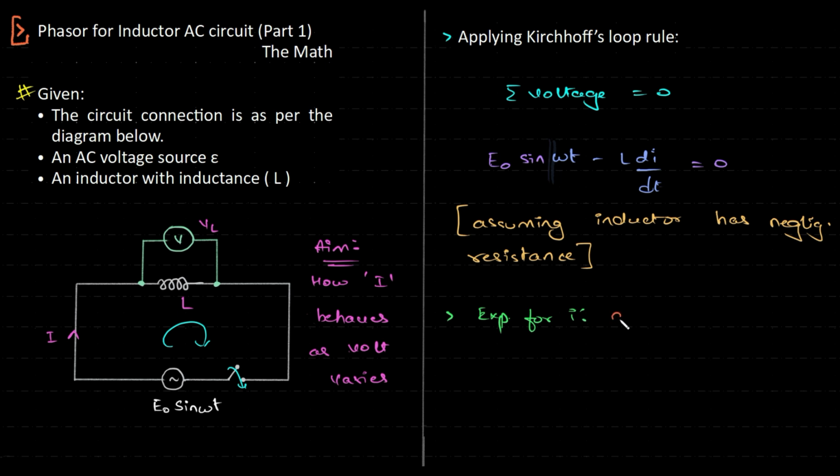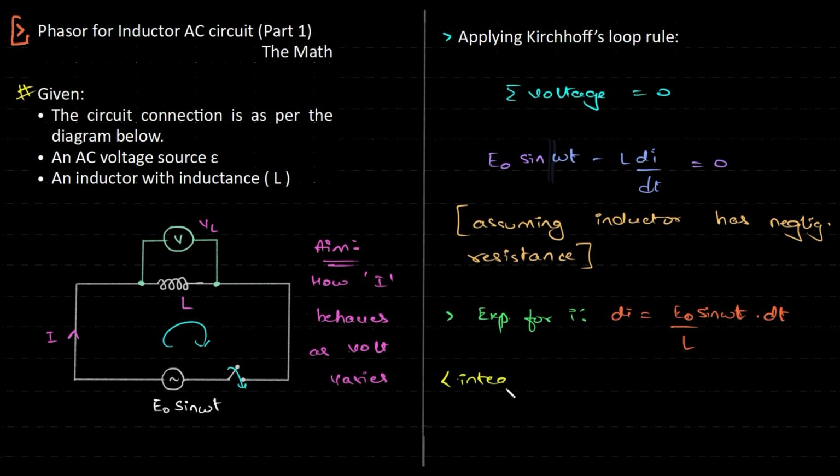So what I'll do is I'll rearrange, right? And we'll end up with E naught sine omega t going to the right hand side, and then we have dt in the numerator and L that goes to the denominator. So to find the entire effect, what will I do?